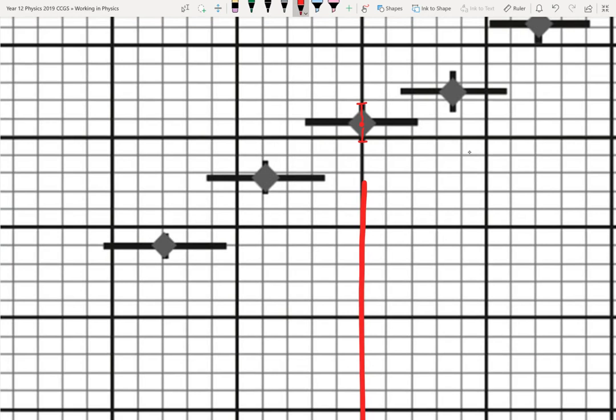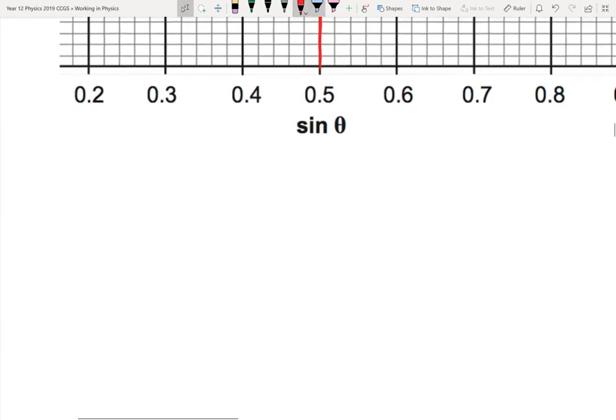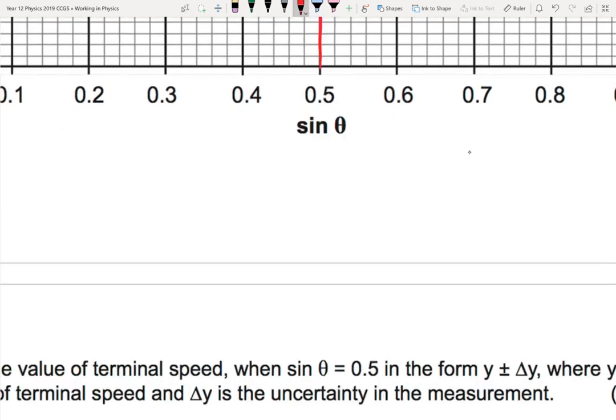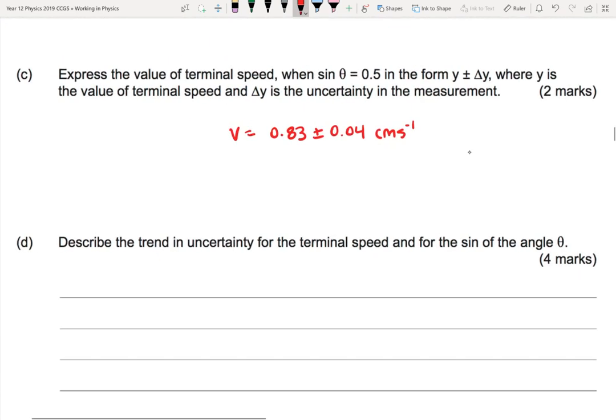So I reckon the error is pretty much one of those semi-minor grid lines, which is your plus or minus 0.04. So back over the page. And conveniently, the error is being expressed correctly to 2 decimal places because our measurement was given to 2 decimal places. Okay, so it's testing a fair amount there.